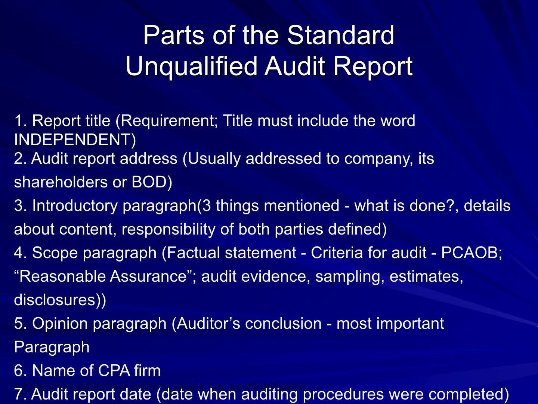Now, the fifth part of the report is the opinion paragraph, in which the auditor gives his conclusion. Now, this is the most important paragraph, and this paragraph is so important that sometimes the whole report is called the auditor's opinion.